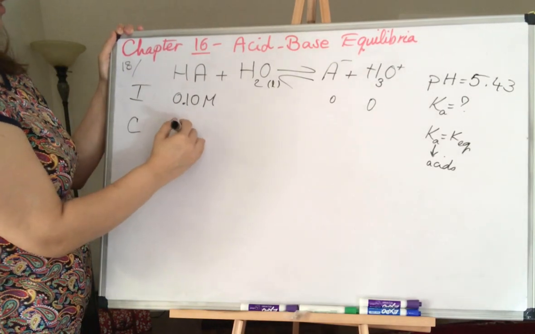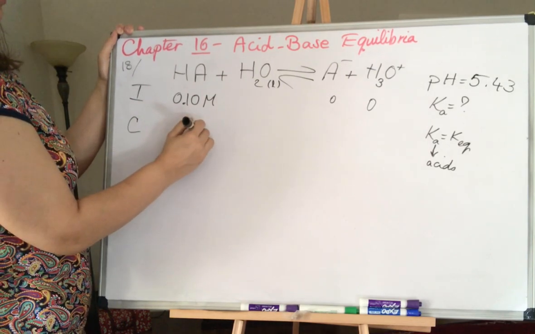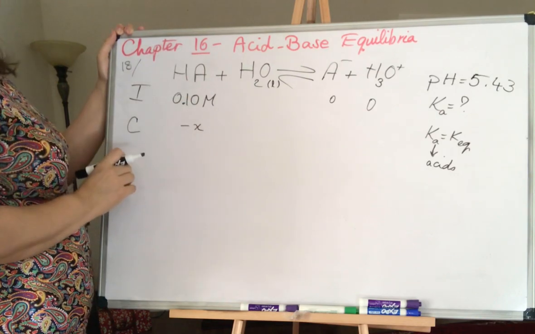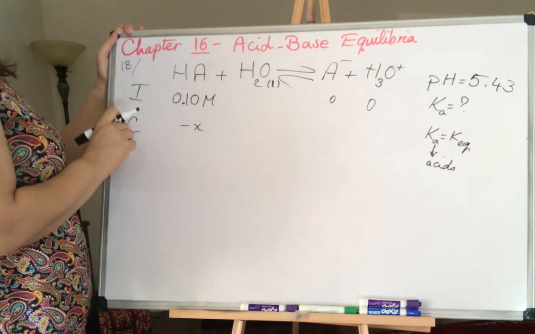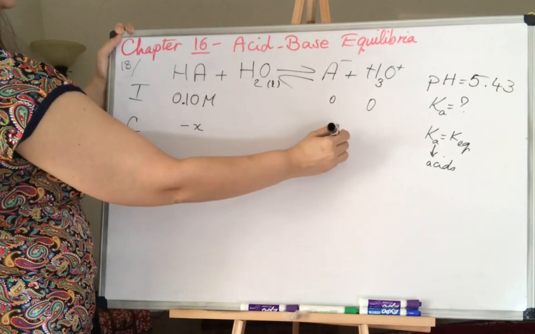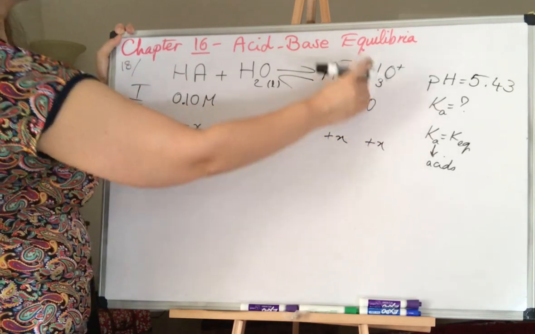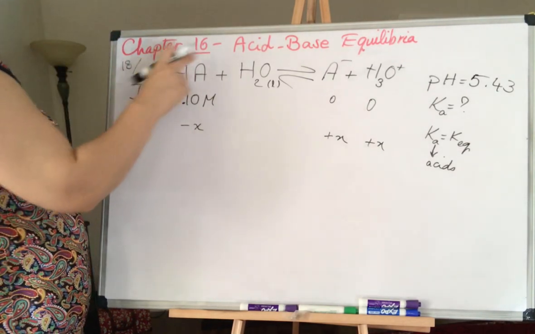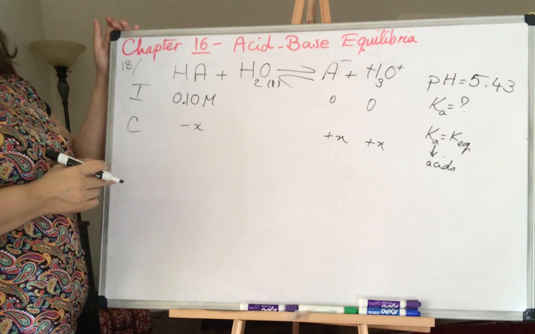During the change, something called X will be subtracted from the concentration of HA, and the same amount will be added to A and to our products. Why? Because all of them have a coefficient of 1.